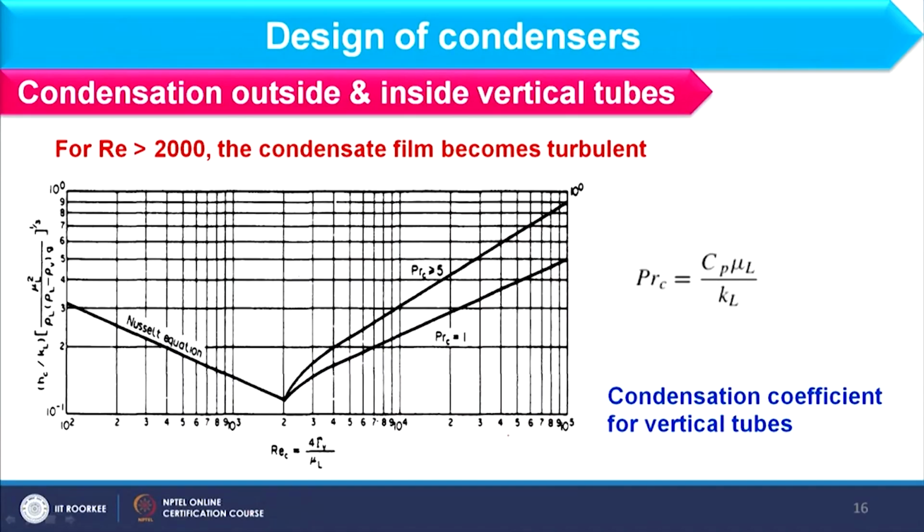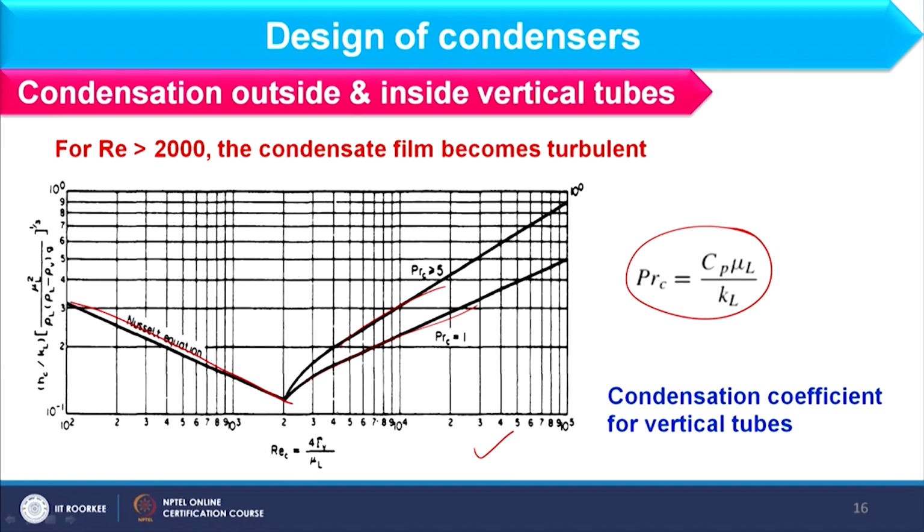However, if I am considering Reynolds number in the turbulent zone, that means if Reynolds number is more than 2000, we should consider this expression to find the heat transfer coefficient. Here I also have the Nusselt equation, which is applicable below Reynolds number 2000, and after that it will depend on Prandtl number also. So the Prandtl number you can find by this.